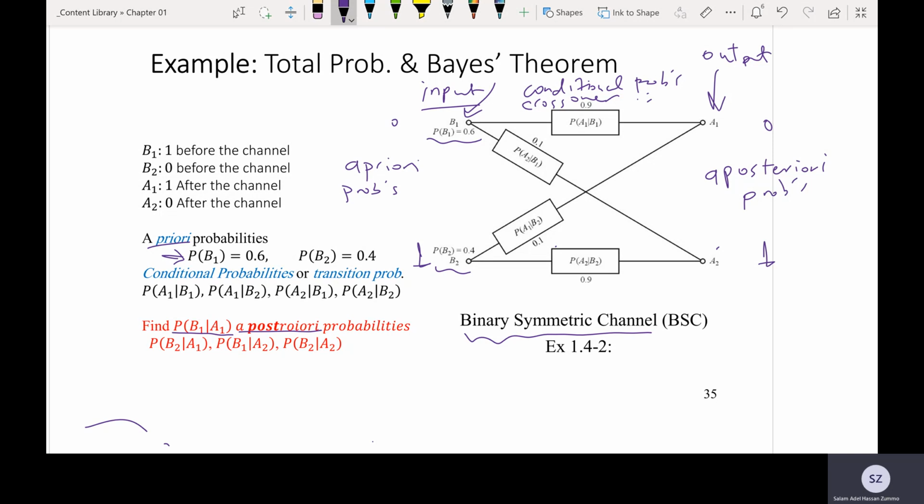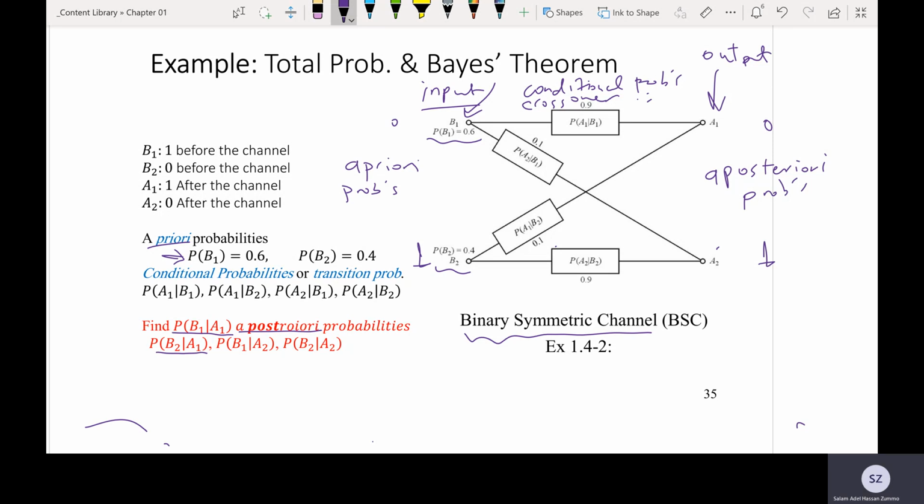I'm interested in finding the probability that, given that I received 0, what was the probability that I sent 0? So the probability of B1 given A1. And also, what was the probability that what was sent was B1, given that I received 1, which is the probability of B2 given A1, and so on.